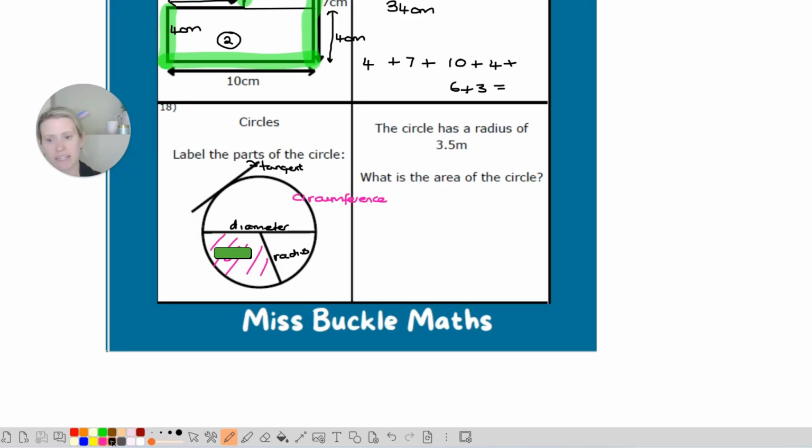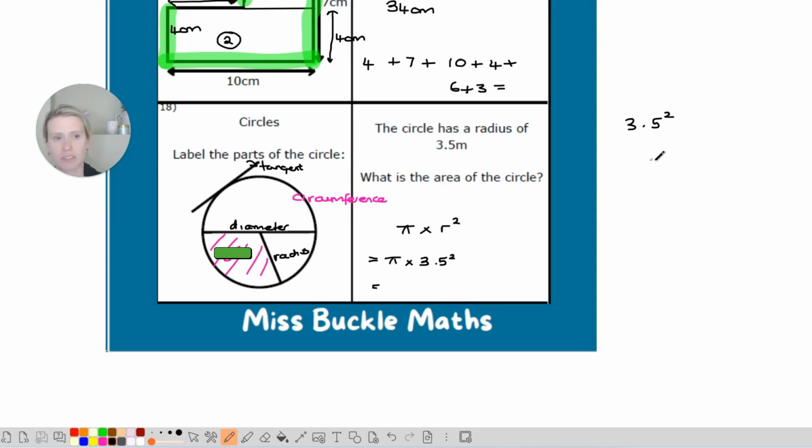If a circle has a radius of 3.5 metres, what is the area? Now, for the area, we need to do pi multiplied by radius squared. And that would be pi multiplied by 3.5 squared. Now, this could be a non-calculator or a calculator question. If it's non-calculator, then you need to do 3.5 squared and leave it in terms of pi.